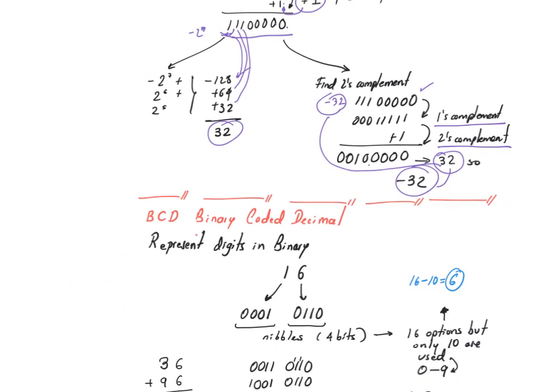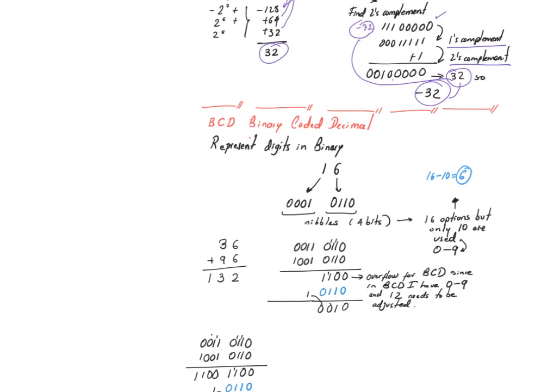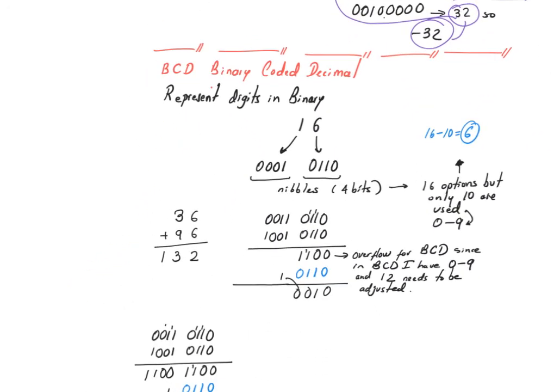All right, there is something else that we need to understand: how we can represent digits using the binary system. And so we use the BCD, or binary coded decimal. The basic idea is to take each digit and make the binary representation of that number using one nibble.